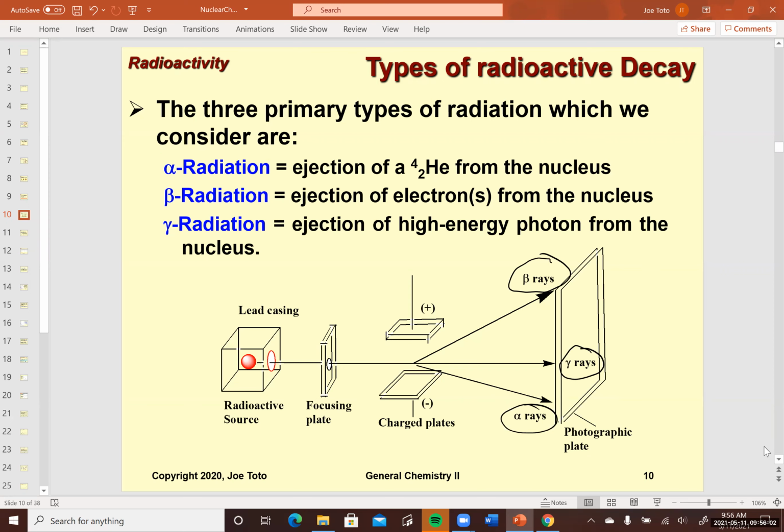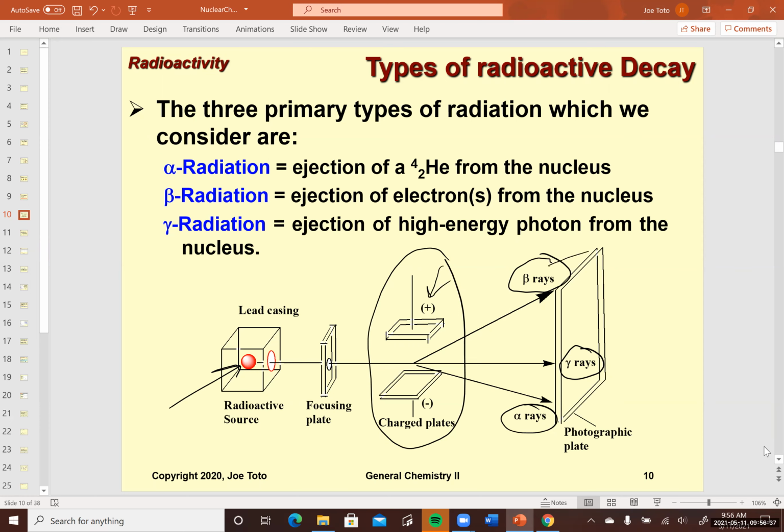If you take a radioactive material and encase it in lead with a little hole and focus it through an electric field, then those different rays not only come out according to their penetration, but also they're deflected by the electric field. You see that beta rays are deflected towards the positive plate.